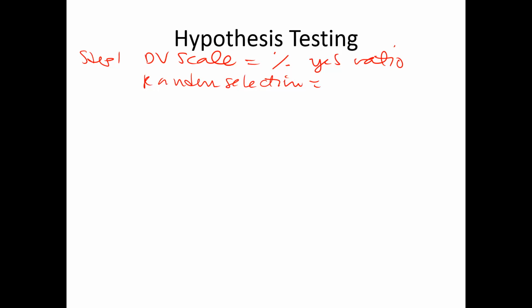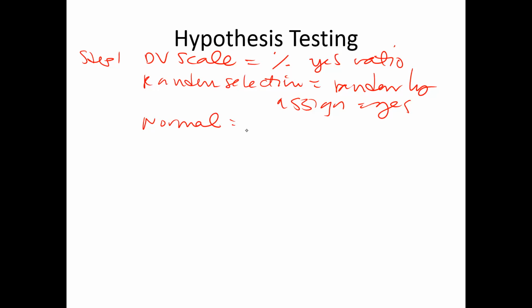We don't really have access to everybody, but we could randomly assign people to take the new one. So I would say, yeah, I could randomly assign you to the new language program versus the old one. All right, is it normal? And I would say, I don't know, so I can't assume so because N is less than 30.